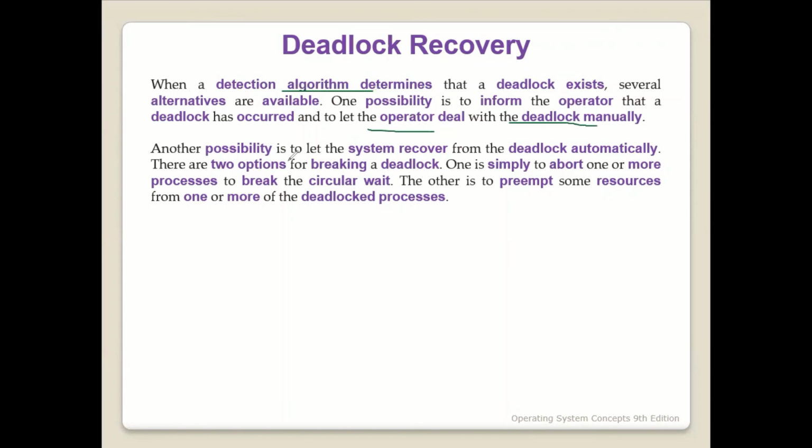Another way is to let the system recover from the deadlock automatically, by preempting some resources from one or more deadlocked processes. Of course, when you preempt the resources allocated to the deadlocked process, the deadlock situation will be resolved automatically. Okay, can you get the idea? So this is about the deadlock chapter.